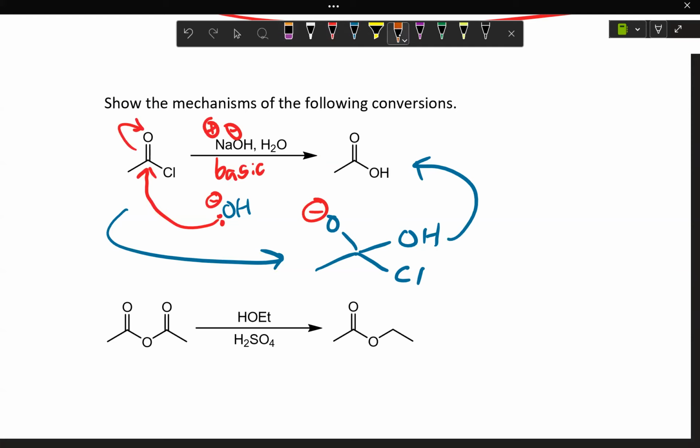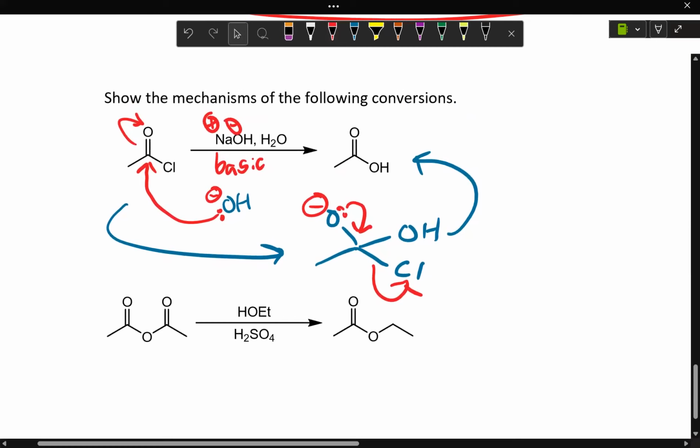So a good leaving group can leave. And at the same time, we can have oxygen drop its electrons down to create that carbonyl, and at the same time have the good leaving group leave. And that would take us from an acid chloride to a carboxylic acid.